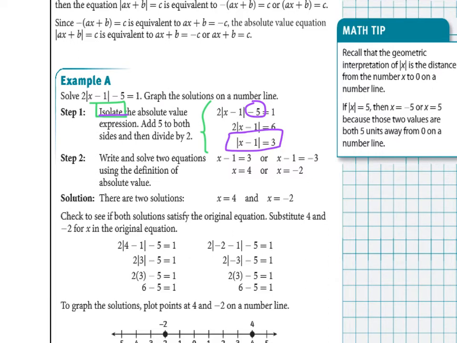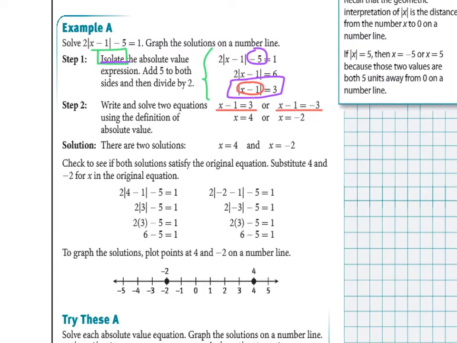So now you're ready to use the definition and say, okay, the stuff inside here, the x minus 1, could either equal positive 3, or the whole x minus 1 could equal negative 3. And then you just solve each of those individually by adding 1 to both sides, and you get your 2 answers. Okay, and to show them on a number line, you simply put closed-in dots at negative 2 and at 4. All right, so let's do a couple on our own, and let's walk through all the steps.